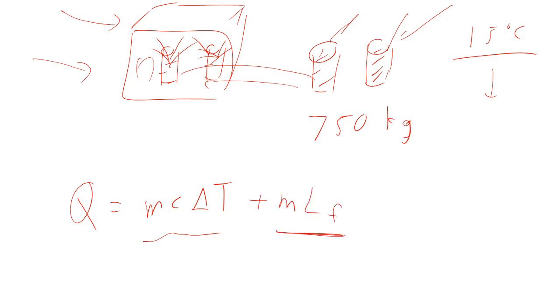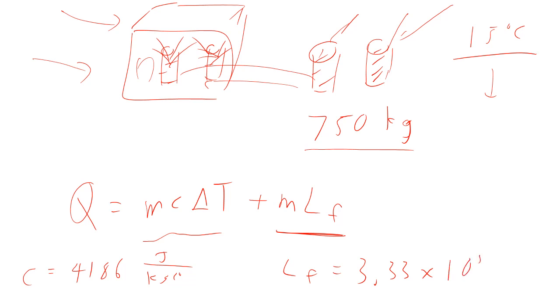That's the amount of heat released when they freeze. So all we need to know is, we already have the mass of the water. We need to know the specific heat of water. That's 4186 joules per kilogram Celsius degree. We need to know the latent heat of fusion of water. So the latent heat of fusion of water is 3.33 times 10^5 joules per kilogram.